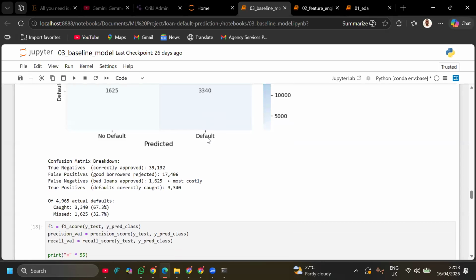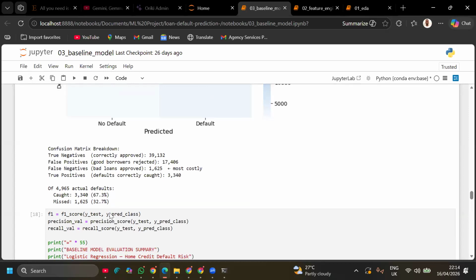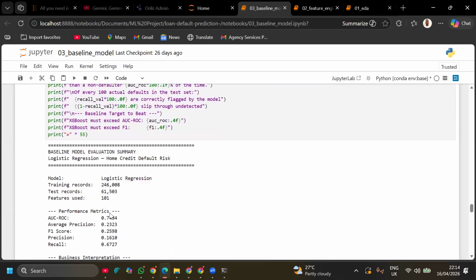On this part, this has to do with the financial institution's conditions. They have to ask, are we actually losing more money based on this missed part, 32.7%? If it's something they can go with, then they can leave it that way or look at it the other way around.